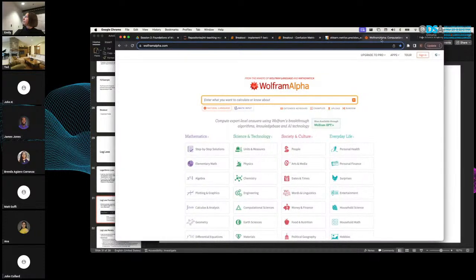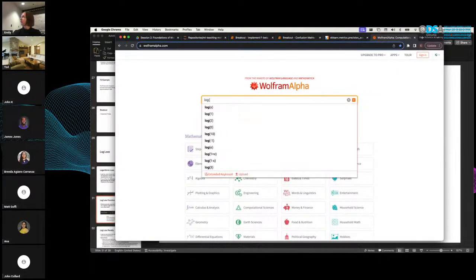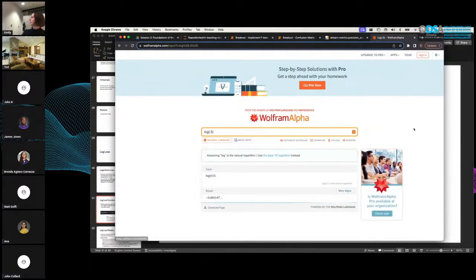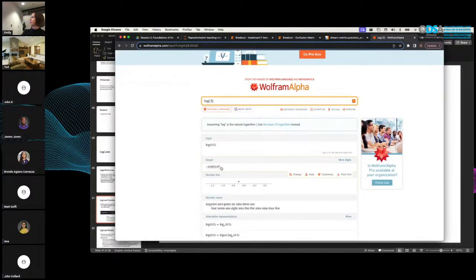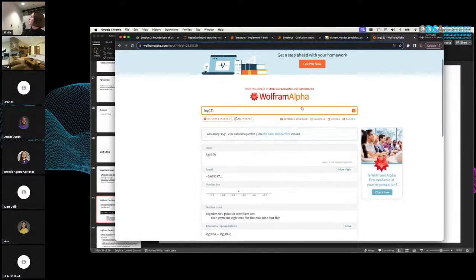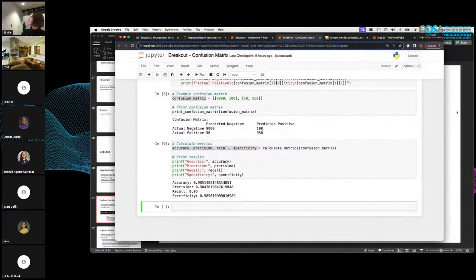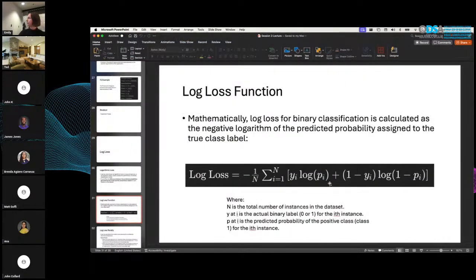It'll do your math for you. You just say log of 0.5. There you go. You just get your result here. So this is like a fancy calculator. I would recommend that. You can put the whole formula in here and then just change the metrics. So you can do that if you need to know what a log is.